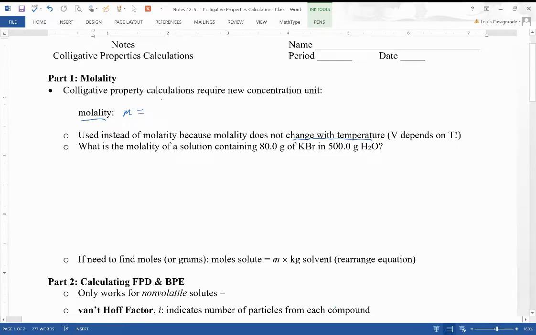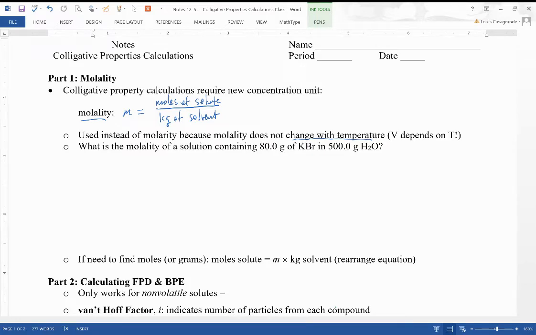It involves the moles of solute in the numerator, but now instead of the liters of the solution, we're going to have the kilograms of the solvent. And as I said, this solves the problem of dealing with changes in temperature, because the kilograms of solvent does not change when the temperature changes.